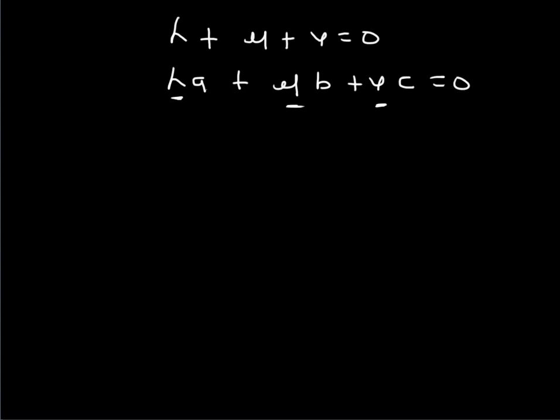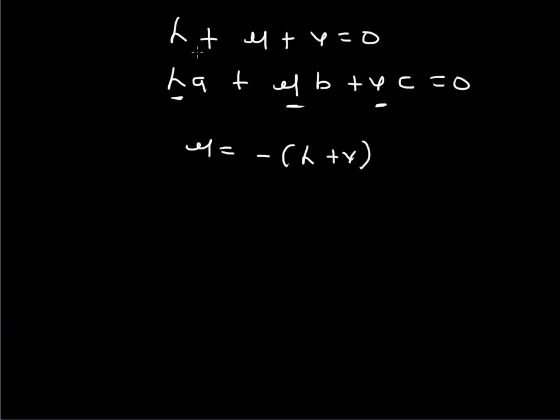So any symbol for a scalar can be used, preferably alphabets or symbols as you can see here. Now take note, making mu the subject in the first equation, we obtain mu equal to negative lambda plus nu.